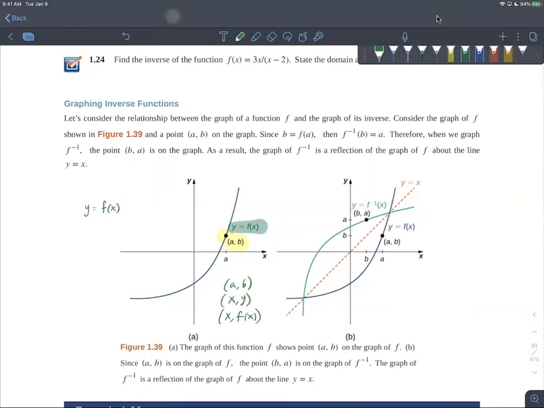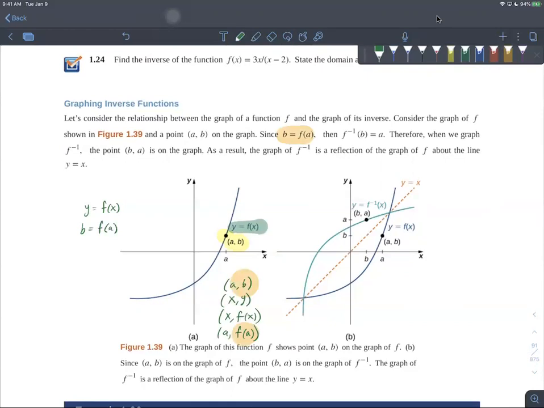The y value is the output from the function f when you plug in the input x. So we can say this is a and f of a. So f of a is equal to b. And that's what they're saying here. So b, the y value, is just f of the input a.